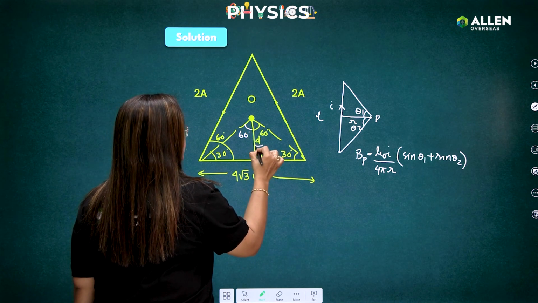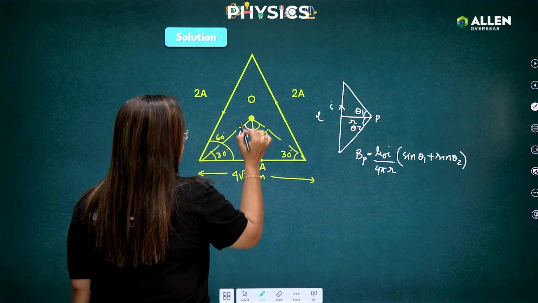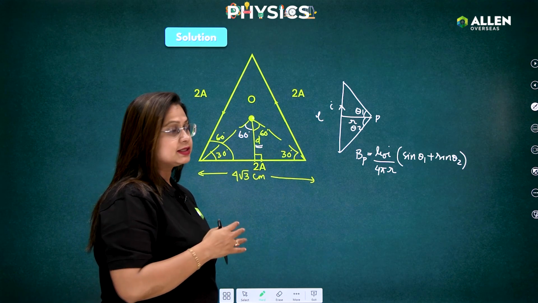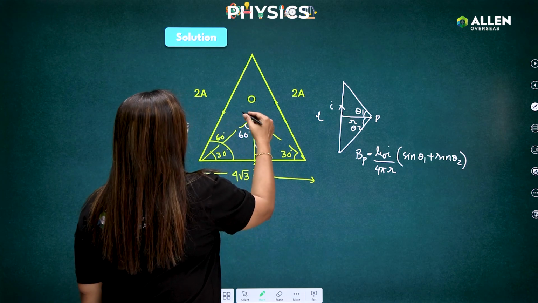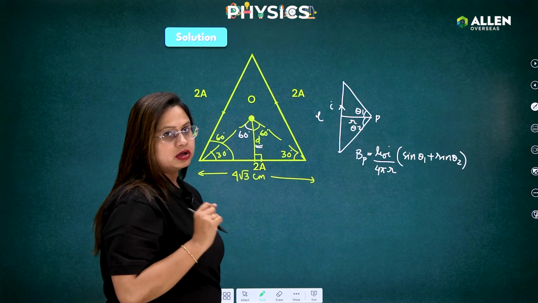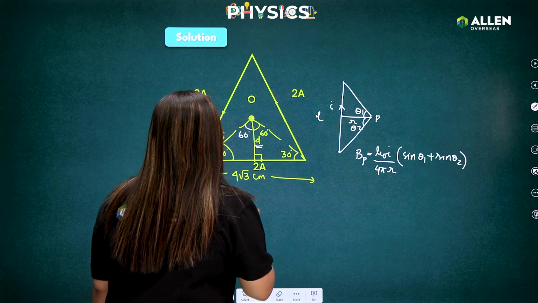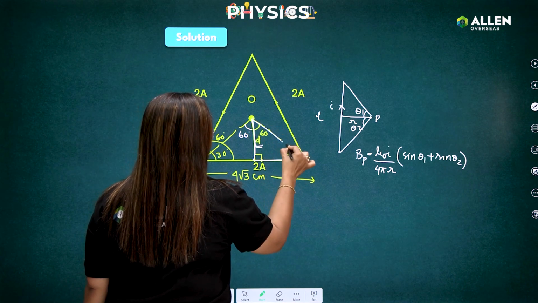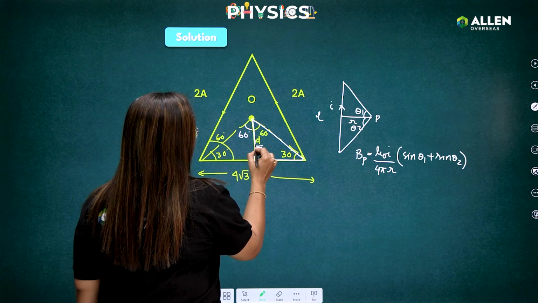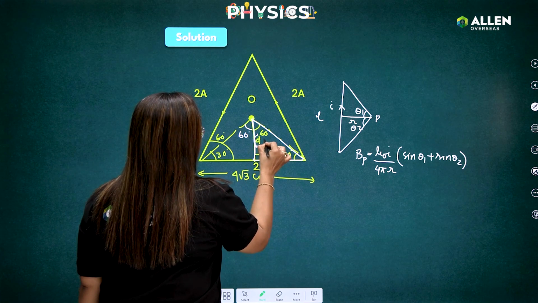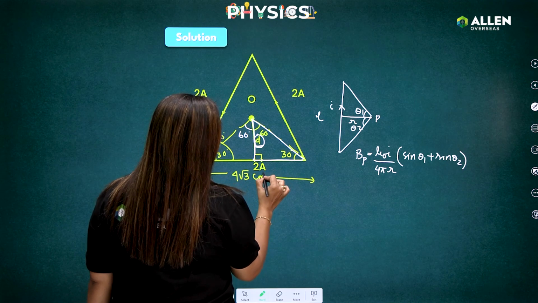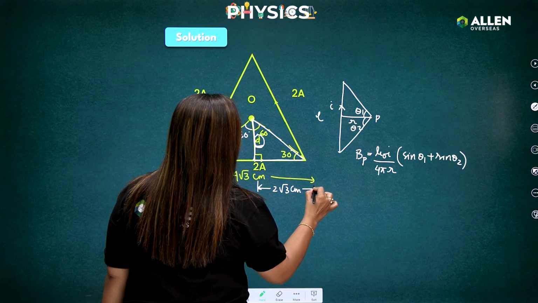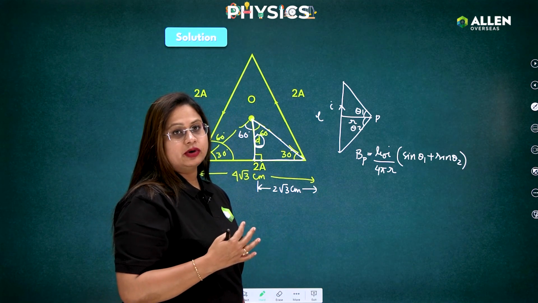Now we have to find out this d, which is the perpendicular distance of the point O from this current carrying conductor, and due to symmetry each current carrying wire has a perpendicular distance of d from the center O. Right, so in order to find this, we can analyze this as a right angle triangle, and for this right angle triangle this length is equal to 2√3 centimeter.